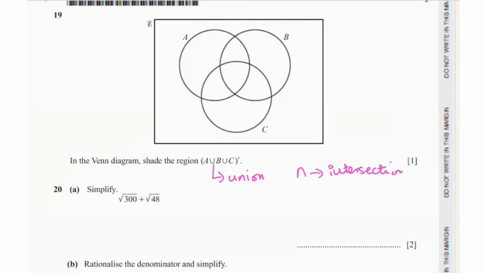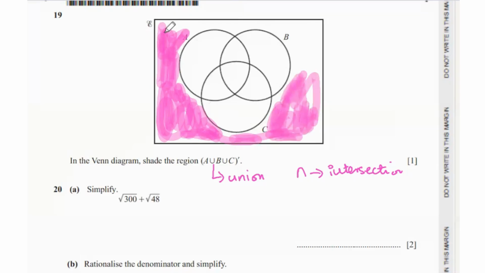And complement would mean everything that is outside these. So that's basically everything that is outside the three sets. That's the shaded part.